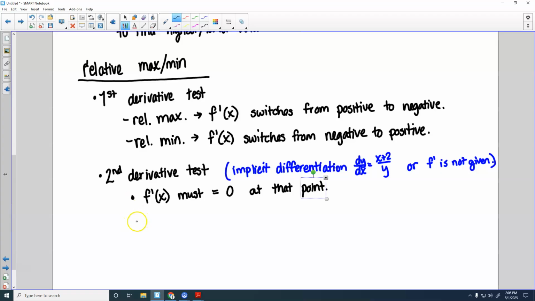And then if f double prime of x is greater than 0, what does that tell us about the function?